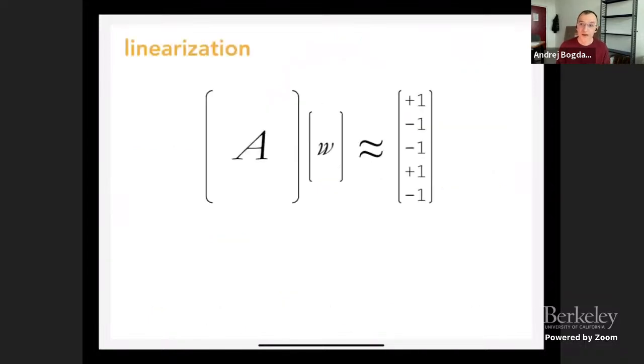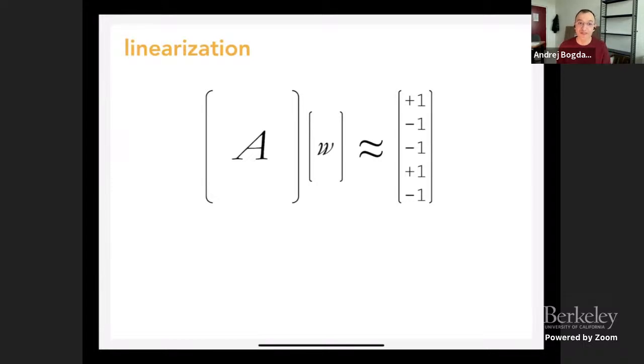So why is the nearest Boolean vector problem easy for tall matrices? It's because of an idea that's often used in crypto and also in learning: linearization. So what are we looking for? We're looking for some kind of approximate solution to this system of equations.